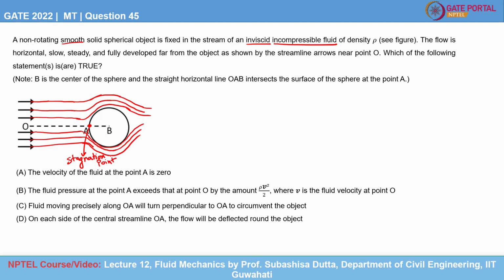In incompressible flow, the fluid will decelerate nearly isentropically from its free stream velocity to zero at the stagnation point, and the pressure at the stagnation point is known as stagnation pressure. So the pressure at point A is the stagnation pressure, which you can also represent by PS. So statement A, the velocity of fluid at point A is 0, is correct.